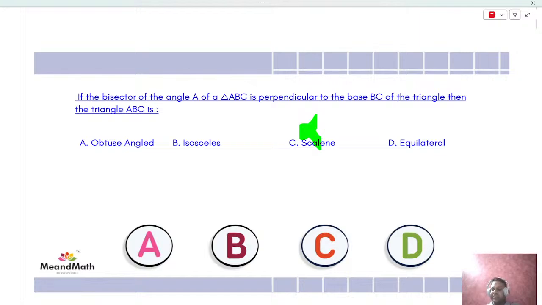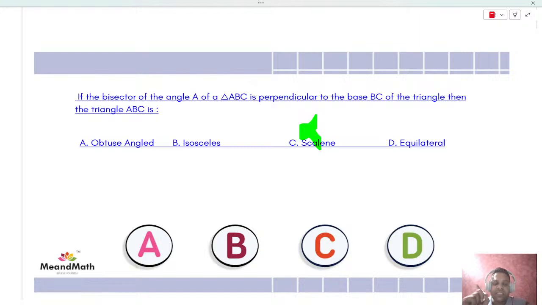Which option should be the correct one? Let's wait for the answers. The bisector of angle A of triangle ABC. Let's draw the diagram. If you draw the diagram well, solving the question will be very easy.